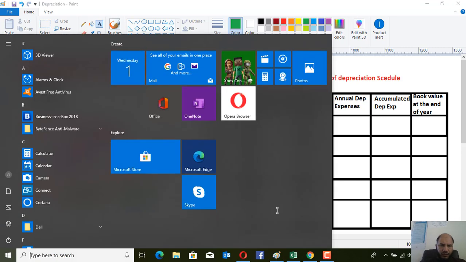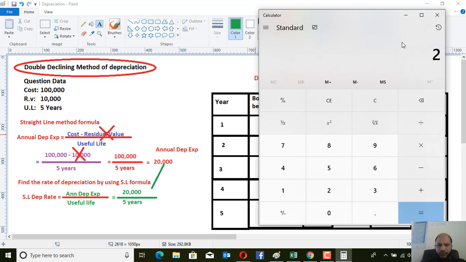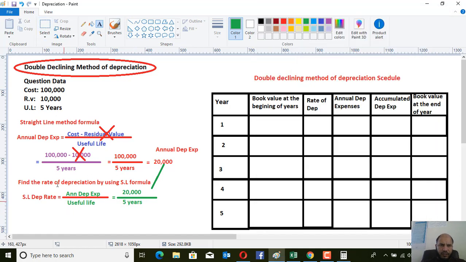See, we have 20,000 divided by 5. Sorry, we will not divide this by useful life, we will divide by original cost. Sorry, I have wrongly communicated the formula.